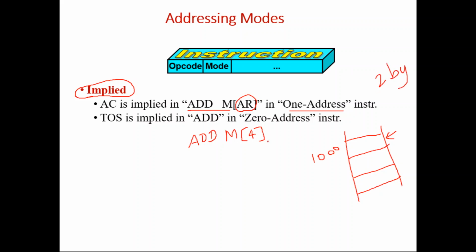So if the word size is 1 byte, it will just add M plus 4.